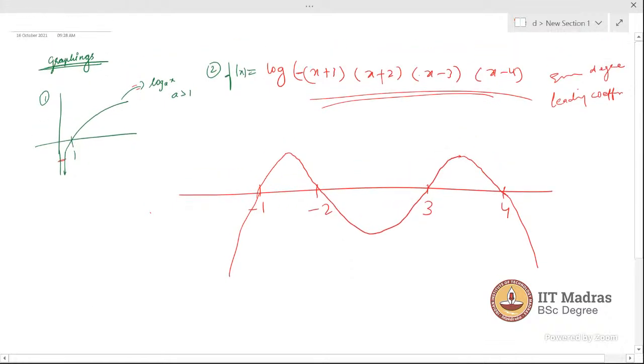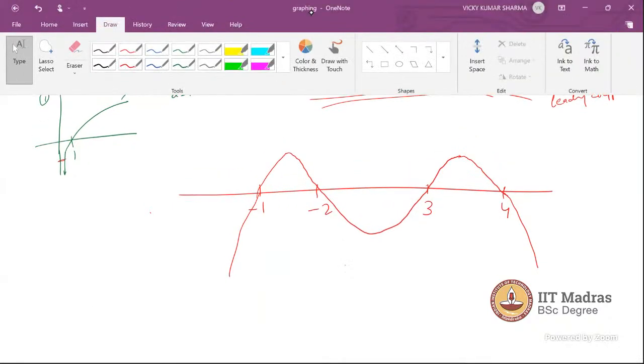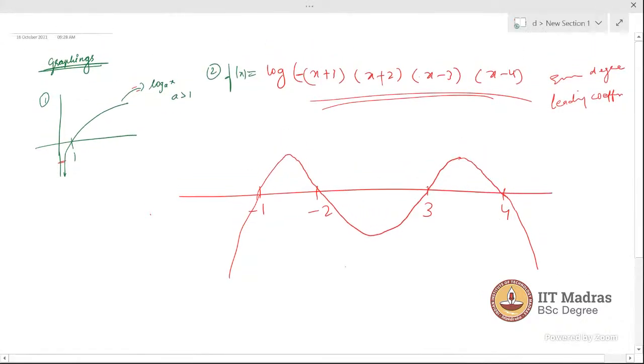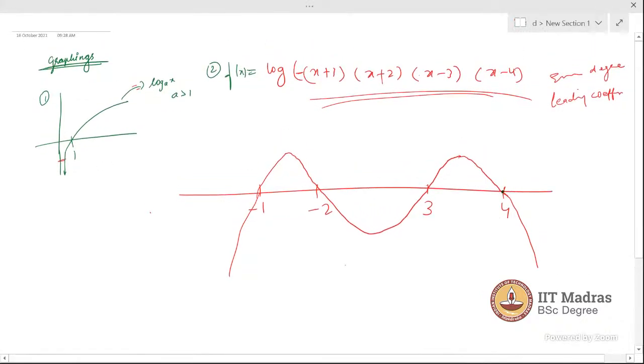Now let's look at the log of this part. I want you to help me now. I'll simply take the roots here and draw the graph. So now you tell me, at these root values it will be infinity, not defined, correct? Now it is positive here, so this bending must happen something like this.